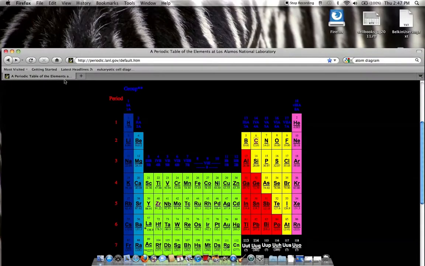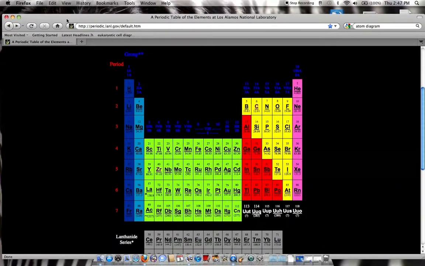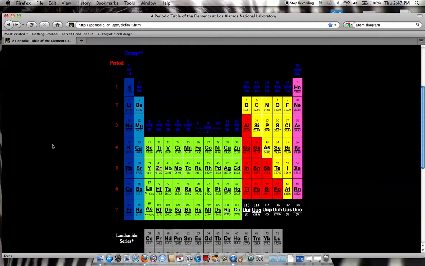But we can go ahead and take this unique interactive periodic table and take a look at some of the things that these elements do, like I've shown you.